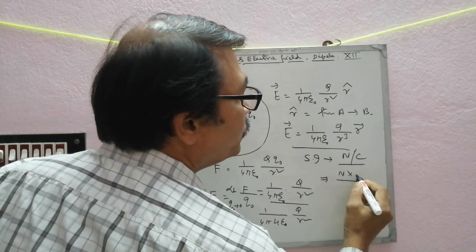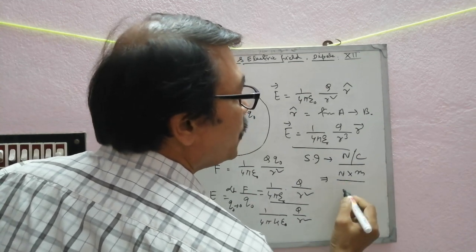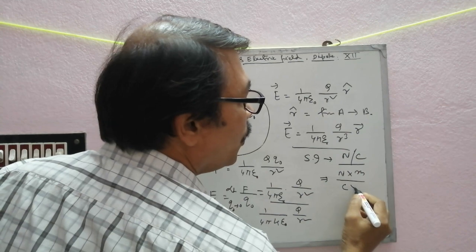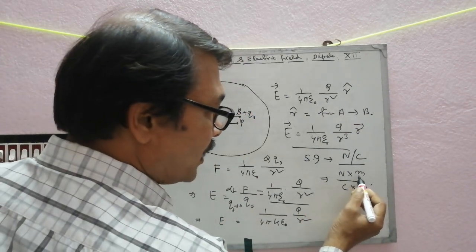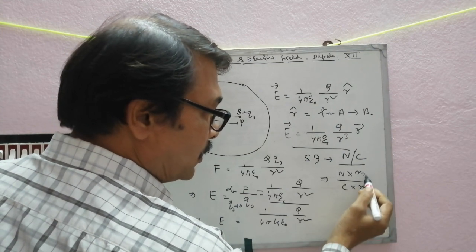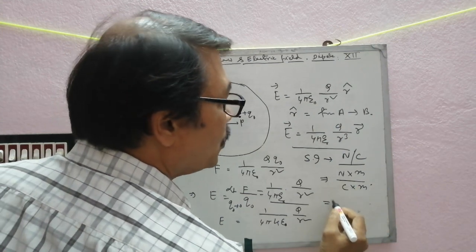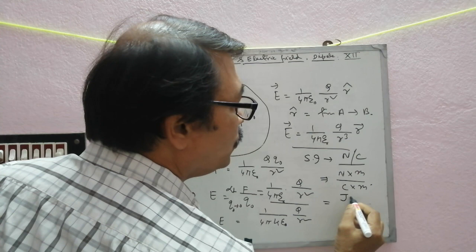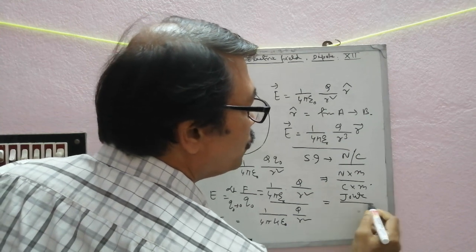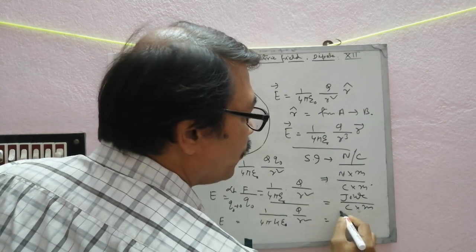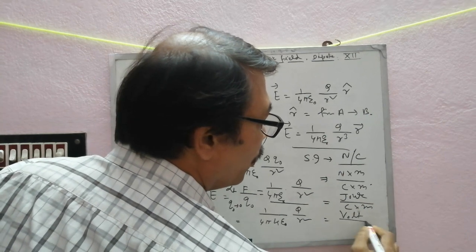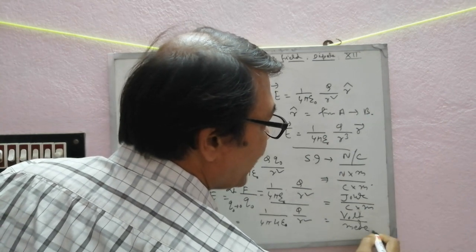Newton into meter by Coulomb into meter. Newton into meter, upper meter down, numerator denominator both are same, Newton meter equal to joule. Joule per Coulomb into meter, but joule per Coulomb equal to volt. Volt by meter.